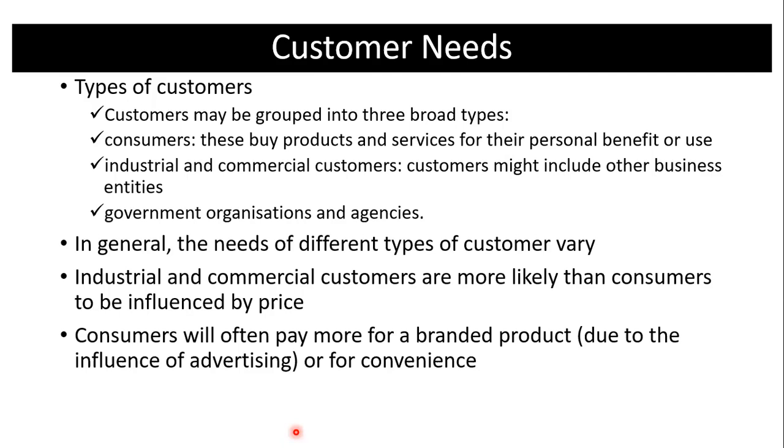Now, in general, these three types of customers have different needs. Industrial and commercial customers are more likely to be influenced by price. Unlike consumers, who oftentimes may not be influenced so much by price. They are usually paying more attention to the brand of the product, the promotion the product is enjoying, and so on and so forth.